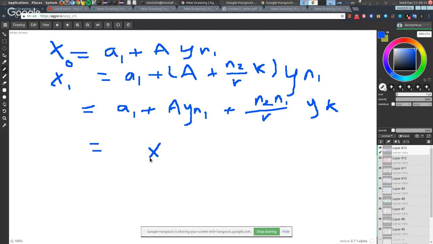So here, as you see, this is 0 plus this value, and this part is the LCM of n1 and n2. And this is the value ik.